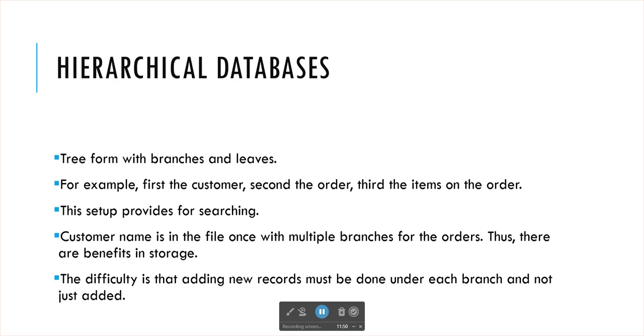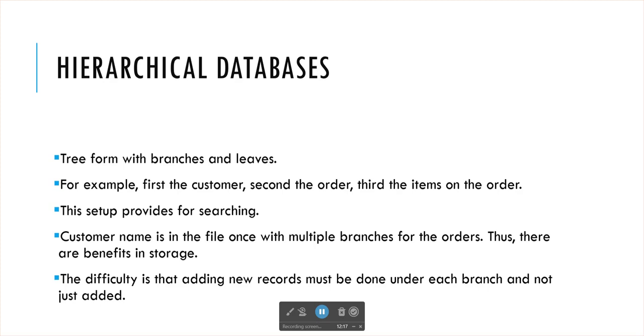And if you have a database that is based on sorting from one thing and then sorting from another thing and then sorting from another thing, you have what you call a hierarchical database. The organization for it might be, for example, let's do everything based on customer, and then let's look at the orders that the customer has placed.